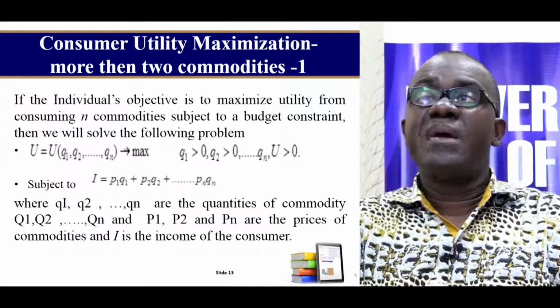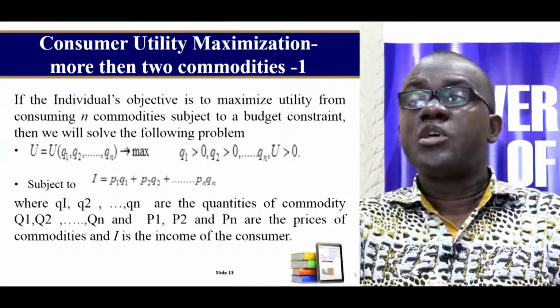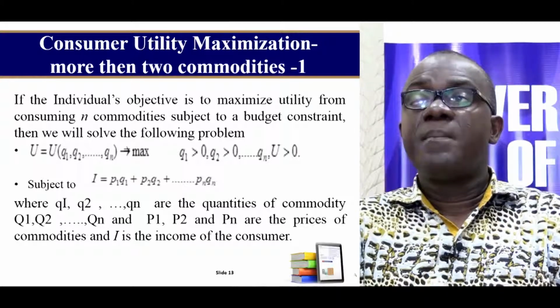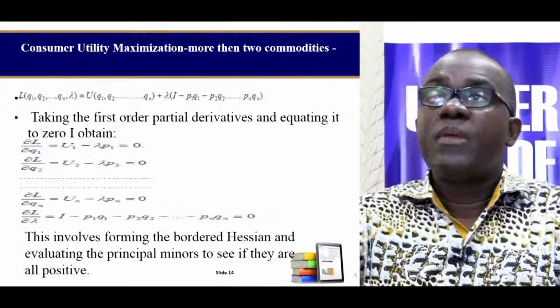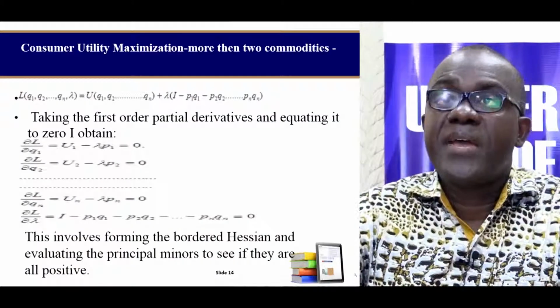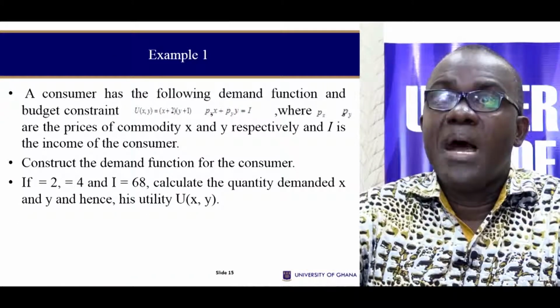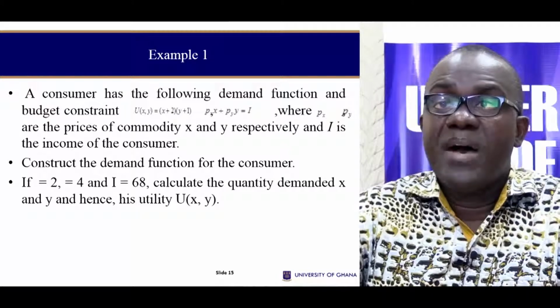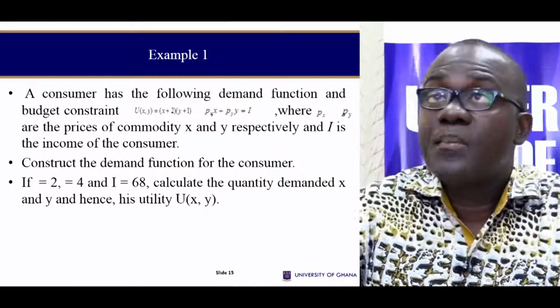In that case, we have this sort of objective function, utility function, which we are maximizing subject to this constraint, maximizing in terms of Q1 to Qn and then lambda, and we can comfortably find our first order conditions and solve for our maximum value. Let's look at a specific example.